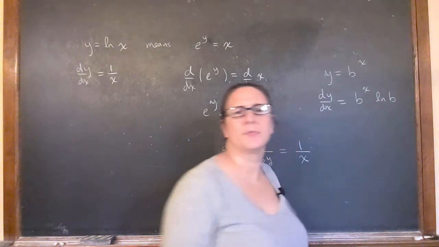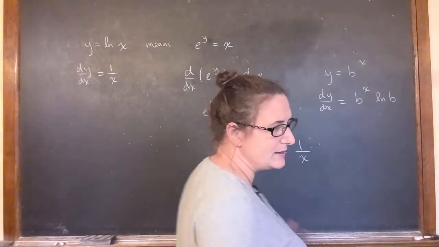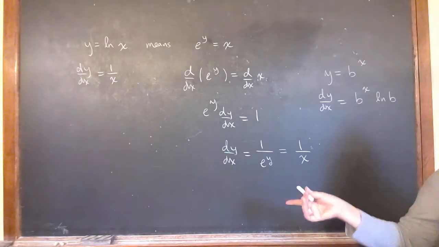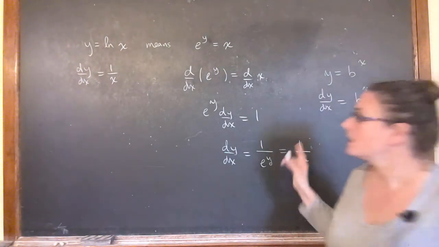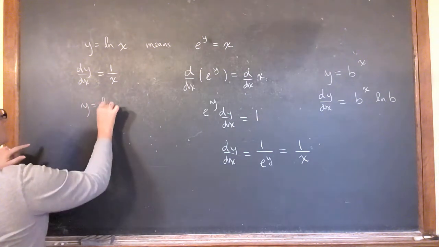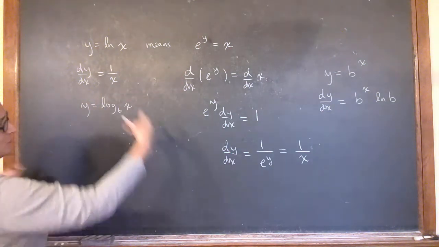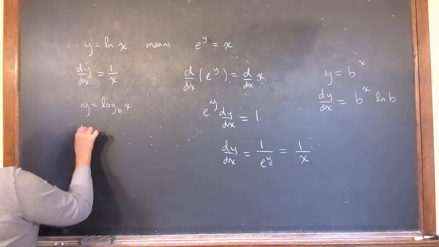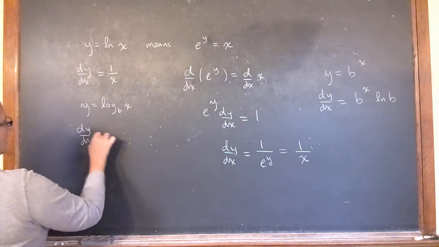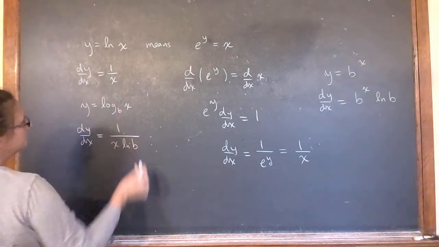We did talk about this, right? So it turns out, if you do the same thing, if I have y equals log base b of x, I just do the same thing only with a b, and it turns out to be 1 over x natural log of b.